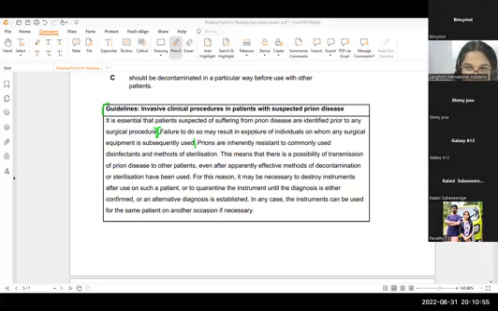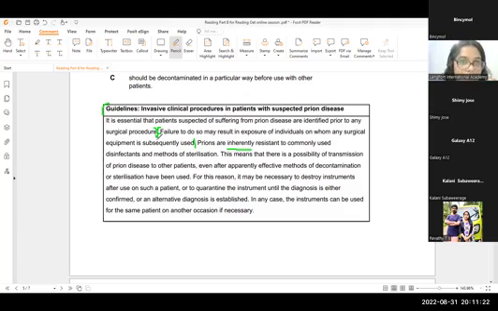Prions are inherently resistant to commonly used disinfectants and methods of sterilization. So prions are inherently, permanently resistant. They are not affected by any types of disinfectant that we commonly use or any forms of sterilization.